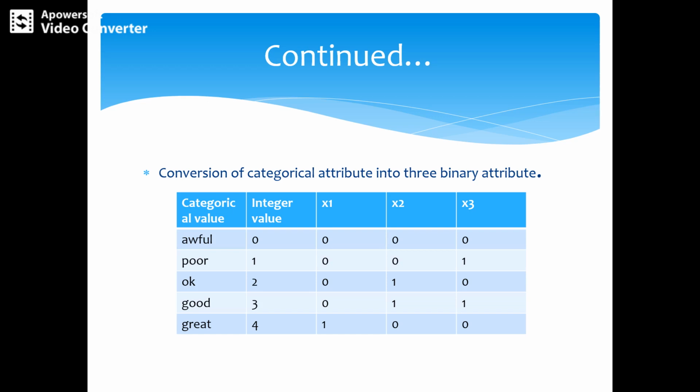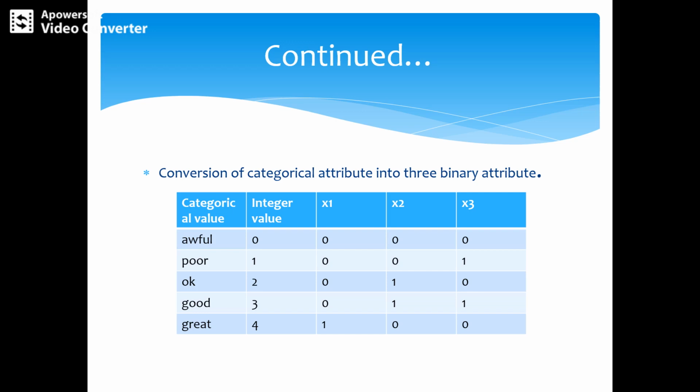Next, in binarization, a simple technique to binarize a categorical attribute is the following. If there are m categorical values, then uniquely assign each original value to an integer in the interval 0 to m minus 1.